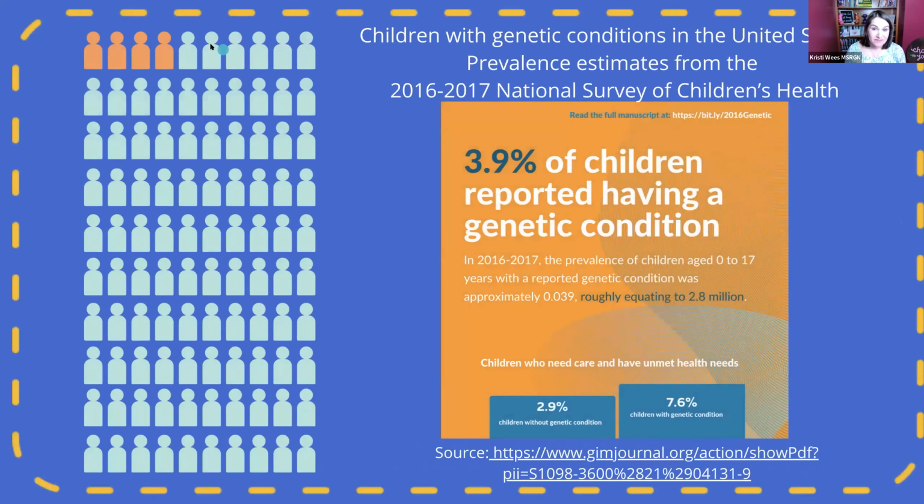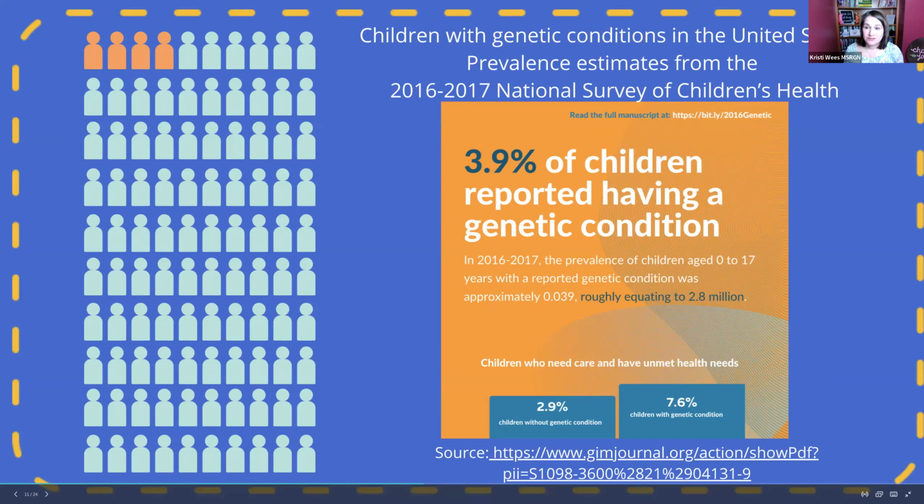Said another way, this study just came out with some of our partners at the National Coordinating Center. They did a study of the prevalence of genetic conditions specifically in children, and they used the data from the 2016-2017 National Survey of Children's Health. So on the left-hand side, you can see a graphic depicting 100 children.